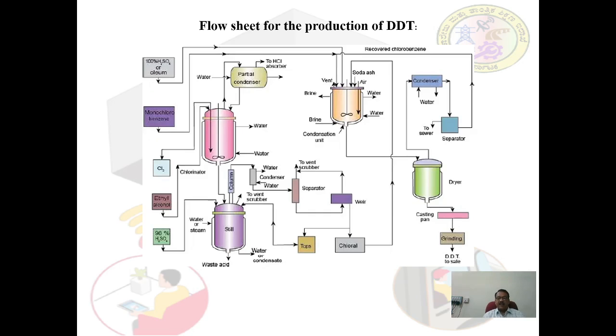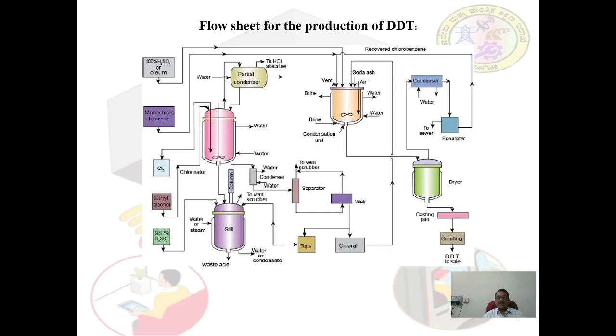The product chloral is then subjected to further reaction with concentrated sulfuric acid or oleum along with monochlorobenzene. These two are fed to the condensation unit wherein the reaction between chloral and monochlorobenzene takes place, producing DDT.